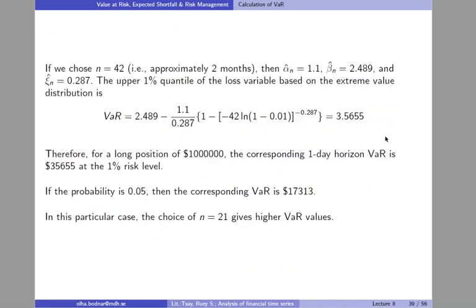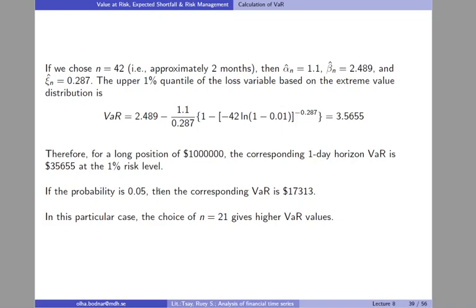So if we choose n equal 42, then estimates vary a bit, the shape factor changes a little bit, then the upper 1% quantile of the loss variable based on the extreme value distribution is given in this way, and so the corresponding one-day horizon is this percentage of our initial $1 million, which is roughly 35.5k.